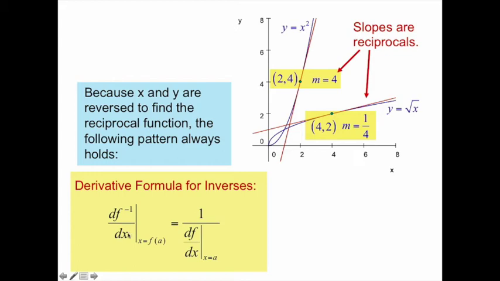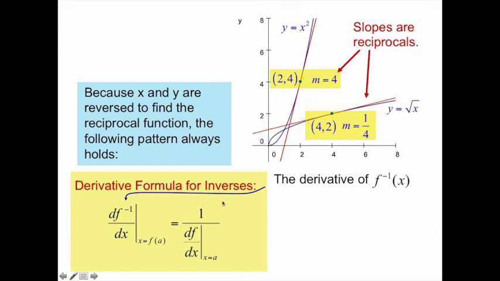If I want to find the derivative of the inverse, then it's the reciprocal of the derivative of the function at a, as long as I'm evaluating the inverse at f of a. So to kind of recap, if I evaluate the derivative at x equals a, and that gives me some f of x, then if I evaluate the inverse at that f of x, then it should be the reciprocal of the derivative of the original function.